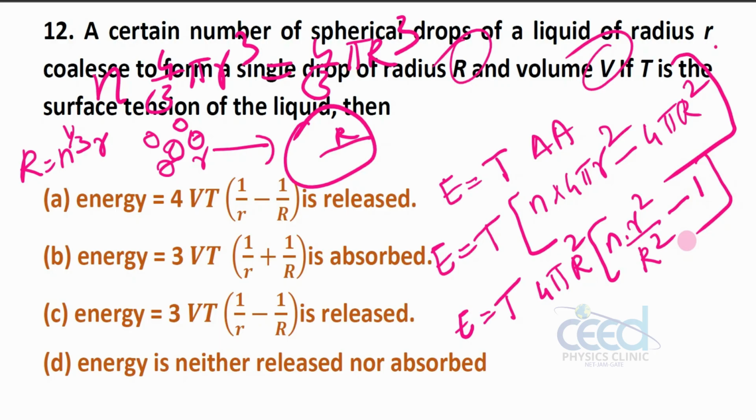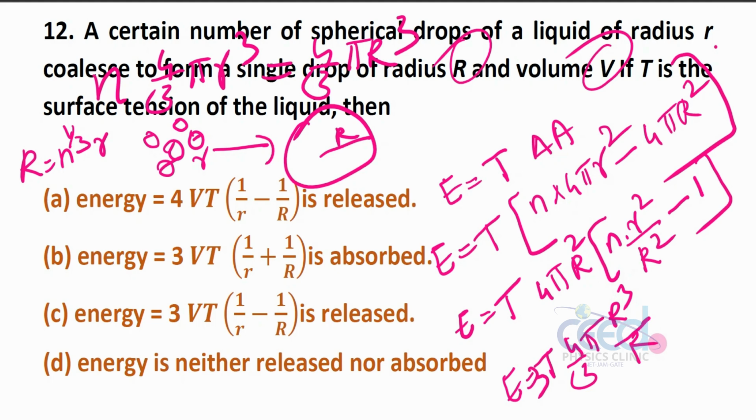Now I am writing 4 by 3 pi r square. So E is equal to T into, multiplying by 3 here, I can write 4 by 3 pi, and here I need r cube, so r cube divided by r.